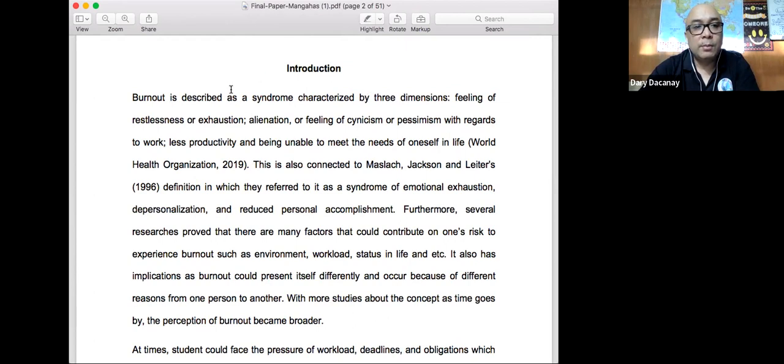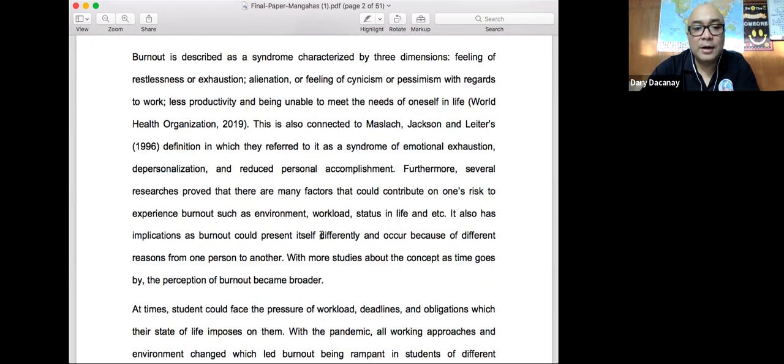So here, burnout was described by the author, Carl Mangahas. Ayun, describe niya getting it from the World Health Organization in 2019. You also notice, no, that yung kanyang citation is 5 years, no? 2019, 21, 22, 23. Pasok. Okay, but notice also na he also quoted some of the authors in 1996. Okay lang naman yun because it's a definition. So that's the first part, context.